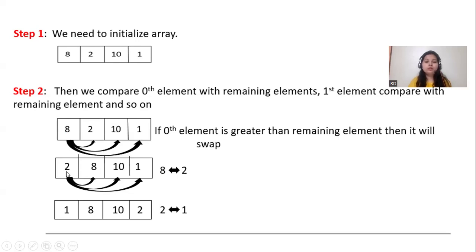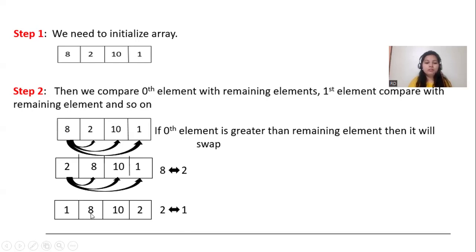So now 2 will be compared with 10 and 1. Again here 2 is greater than 1, so both the elements will be swapped. And then we will get this array.